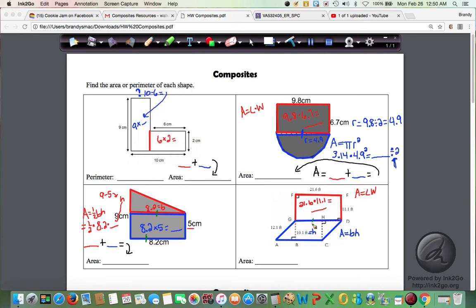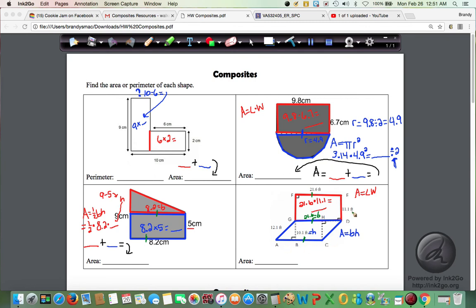This base and this base have to be the same length, because in a parallelogram, these two are the same, and then your opposite sides, just like in a rectangle. Well, guess what? If we know the rectangle is 21.6, then this has to be 21.6. You see that? So now I know my base is 21.6.